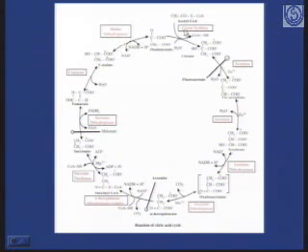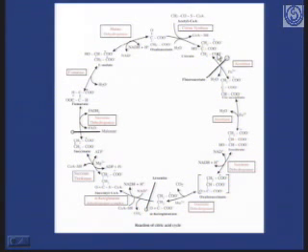I told you that acetyl-CoA is produced by the pyruvate dehydrogenase complex. This is acetyl-CoA. Now, acetyl-CoA combines with the molecule of oxaloacetate to produce citrate. Why is citric acid called the tricarboxylic acid cycle? Can you think of it? Because it has 3 carboxyl groups.